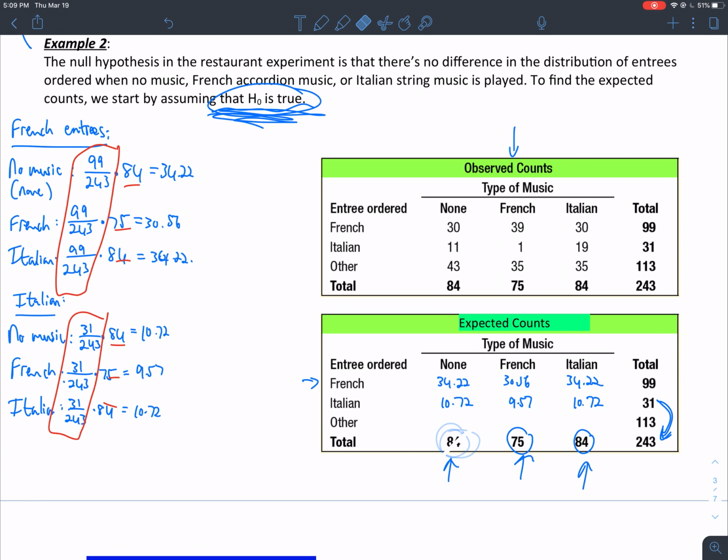It's a bit weird in the beginning, but I think it's pretty clear. And so what you get is this, and then if you do other, I'll just put the numbers in because I've already done all the work: 39.06, 34.88, and 39.06.